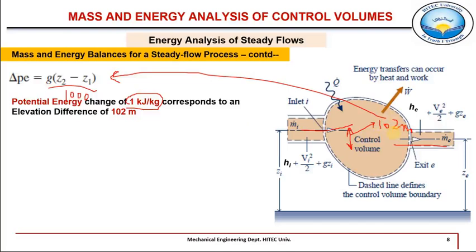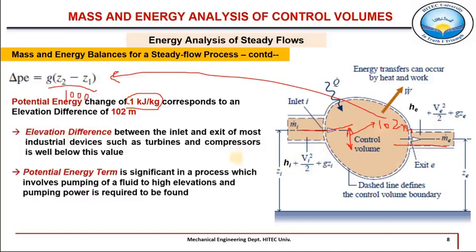Although it seems a very large change, when we convert it to kilojoules per kilogram, it comes out to be only 1. Compared to the change in enthalpy, this change in potential energy is again negligibly small. In most industrial devices such as turbines and compressors, the elevation difference between inlet and outlet is well below 100 meters, so the change in potential energy will be less than 1 kilojoules per kilogram.